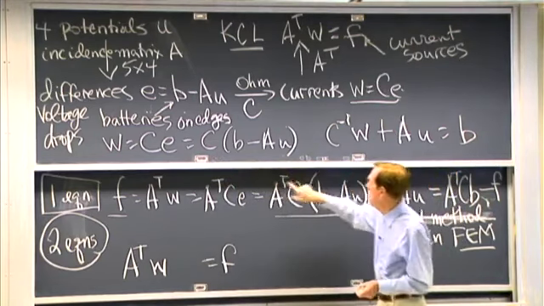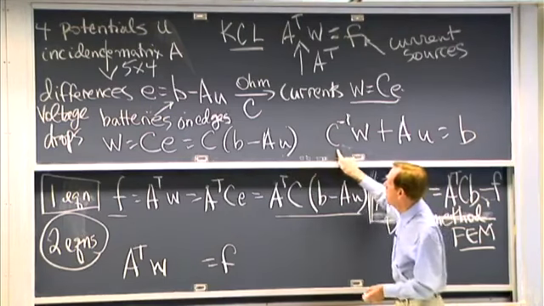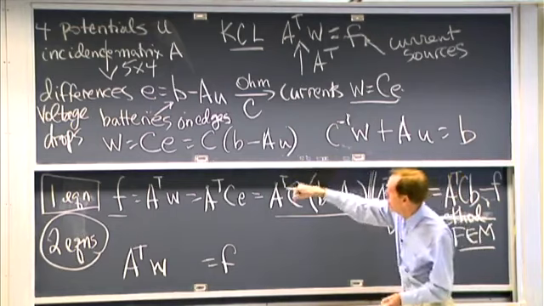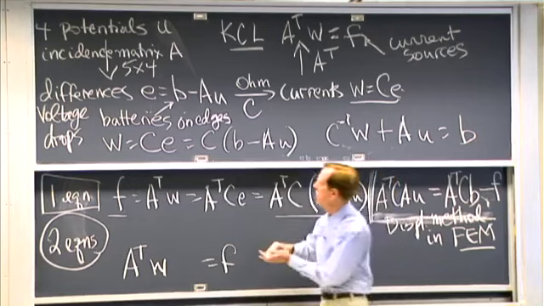If I multiply by the C inverse, then I have C inverse W, and I bring the AU over to the far left, and I have only the B left. Everybody saw that?